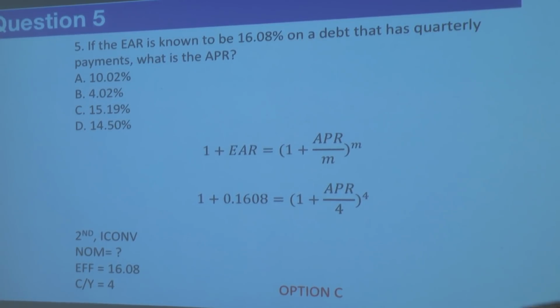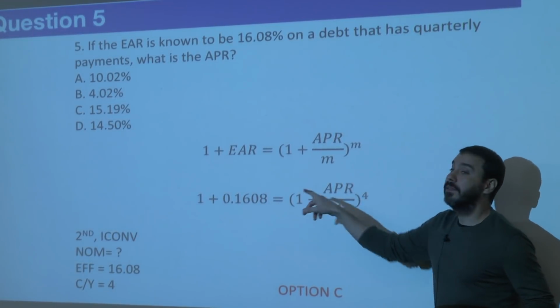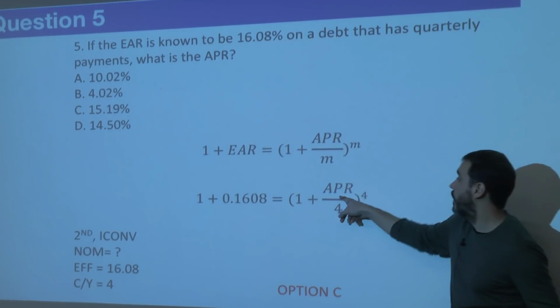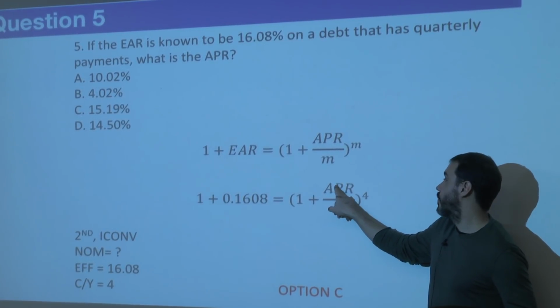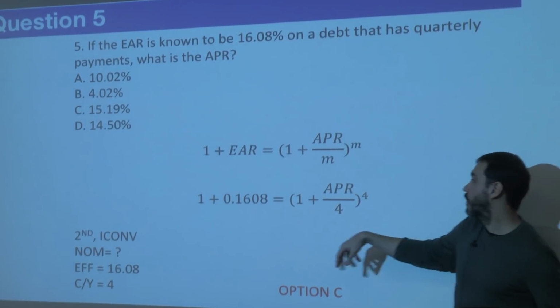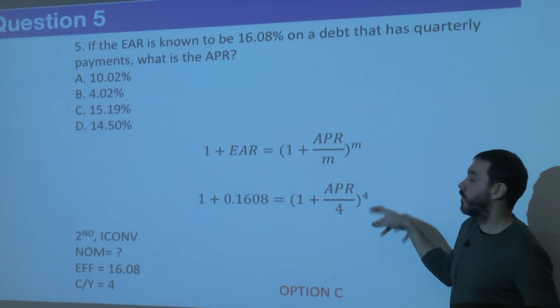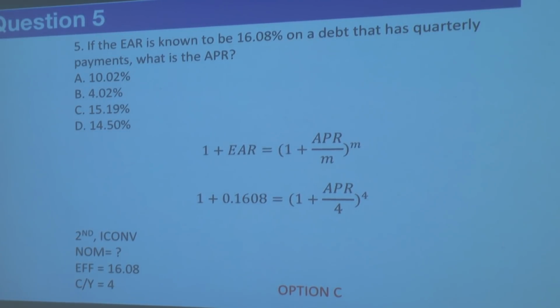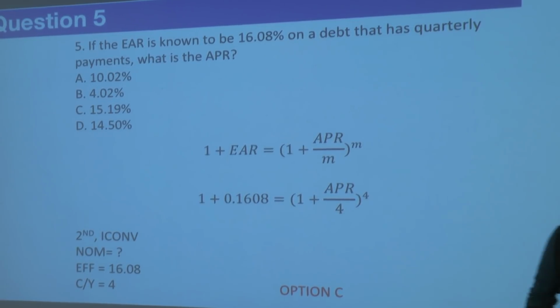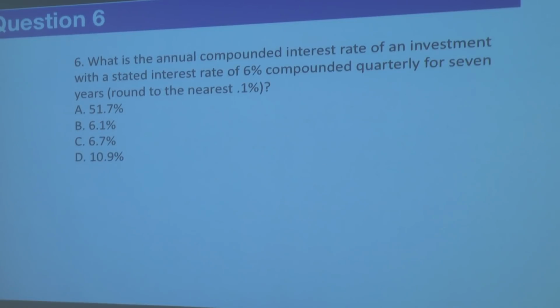Whereas here, if you do the math, it's a little bit more complex because you have to free this variable from the 4th power. You have to take the 4th root of both sides and then do the algebra. The 7 years has nothing to do with it.